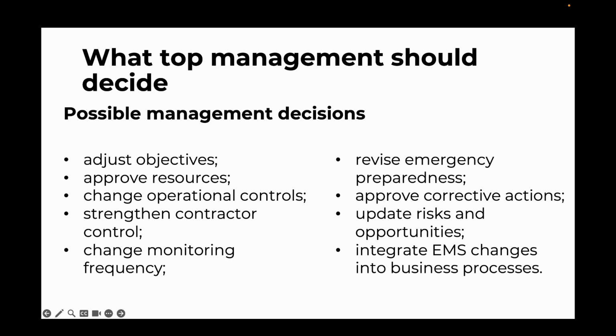For example, if water reduction objectives are not on track because old valves keep failing, management may need to approve a replacement program. If contractor controls fail repeatedly, management may need to change contractor approval rules. If drought risk increases, management may need to update priorities and contingency plans. Management review should create decisions, not only minutes.